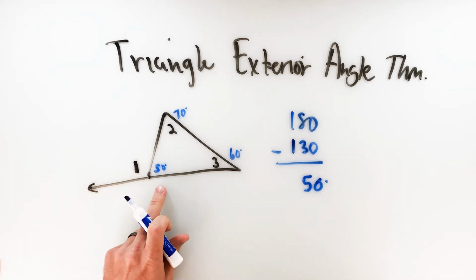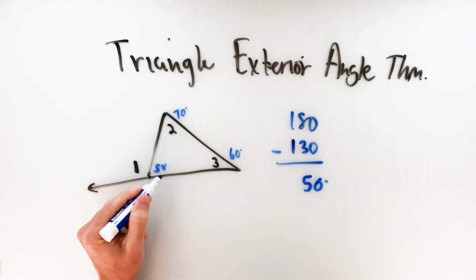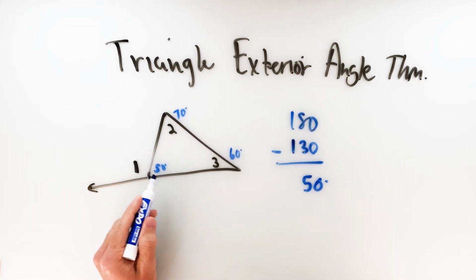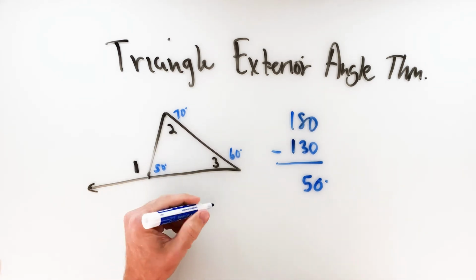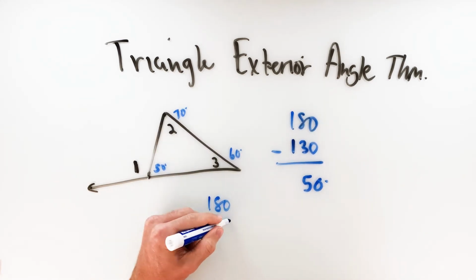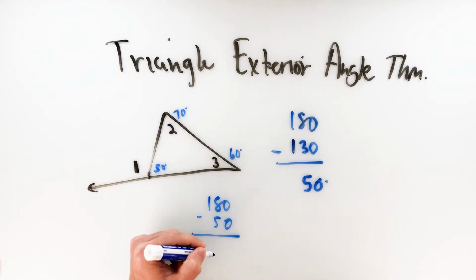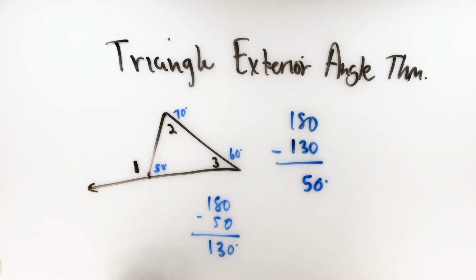Okay. And then if I wanted to get angle 1, I've got this linear pair, these two angles here right next to each other on a straight line. We know those are always supplementary. So I could take 180 minus the 50 degrees to get to angle 1, which ends up being 130. But where did we see 130? Right here, which was the sum of those two non-adjacent interior angles, 60 and 70.